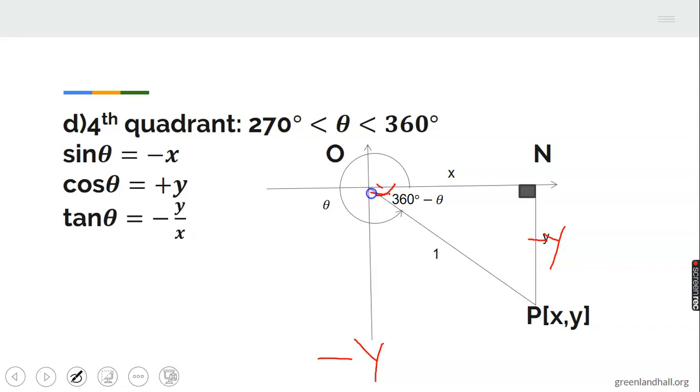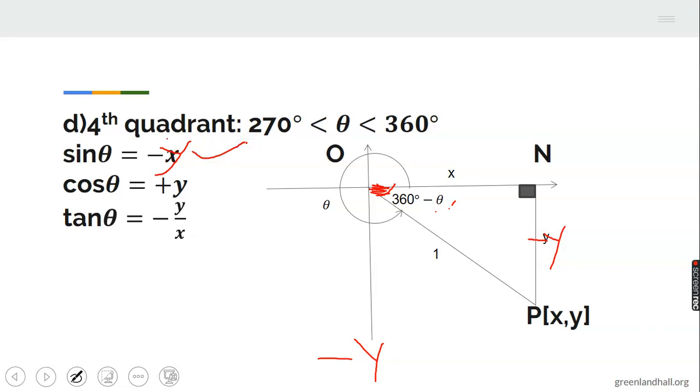This is the angle we are interested in to make with the x-axis. So you remove theta from 360. Very important. So we are looking for the sine of this angle, which is minus y. So sine is negative.